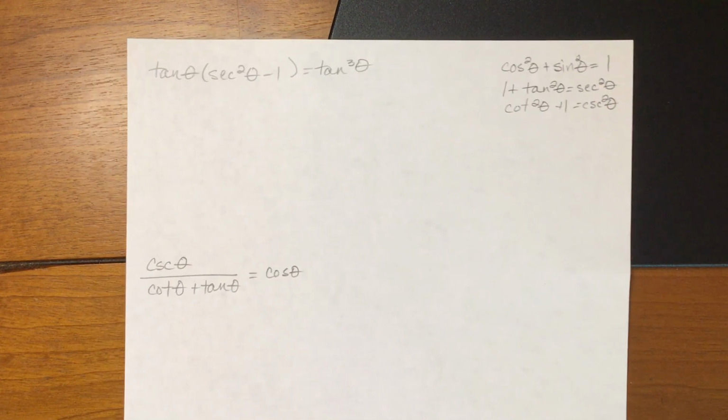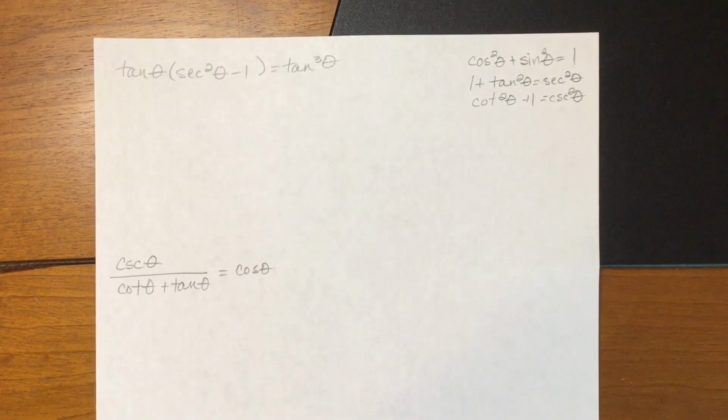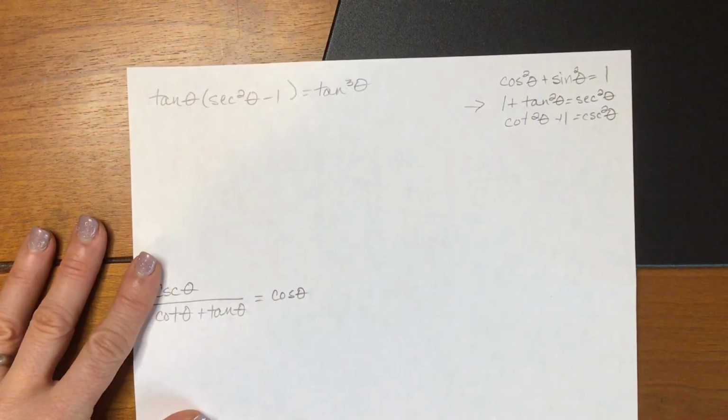So right away, I see that I have secant squared and 1 in my first identity I want to verify. Do I have an identity that has secant squared and 1? And I do. I have this identity right there.